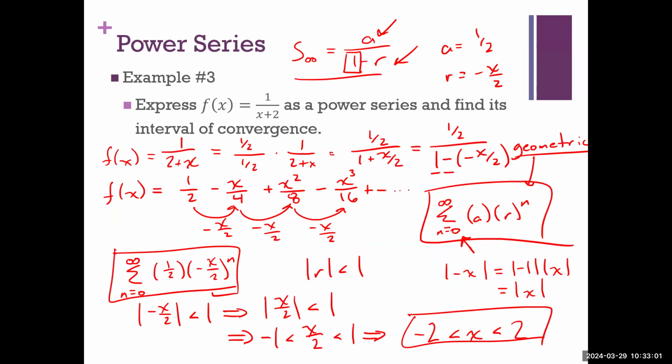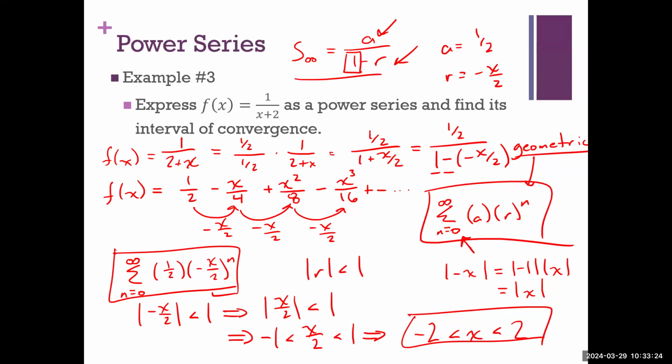To find the interval, you first have to figure out the radius of convergence. How do we find the radius of convergence on this example?